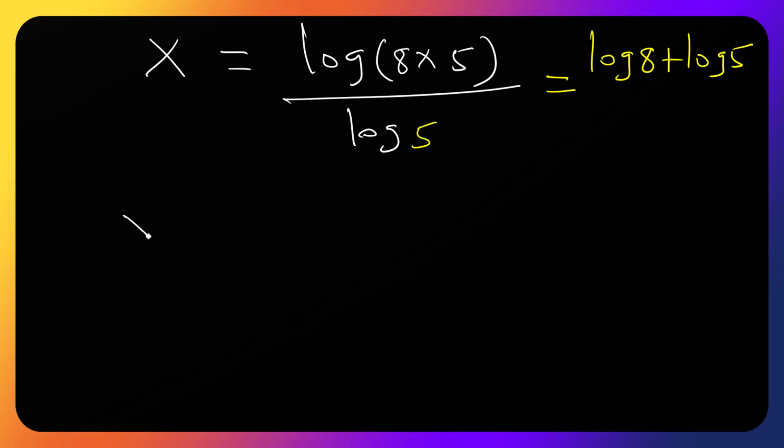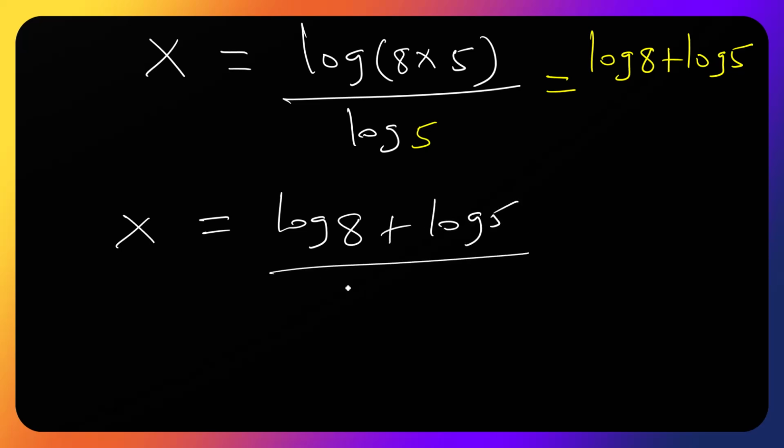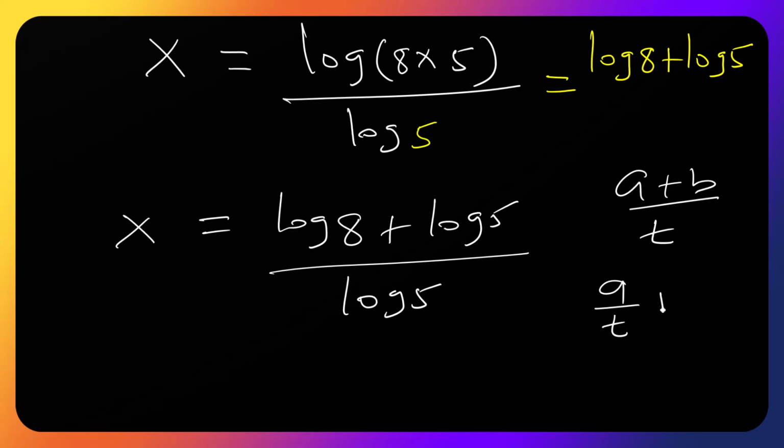So I have log 8 plus log 5 on log 5. Now let's observe this one carefully. When we have a plus b over t, this is the same as a over t plus b over t.